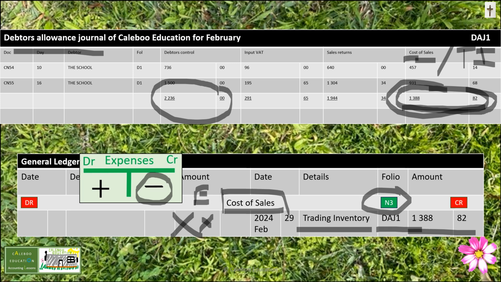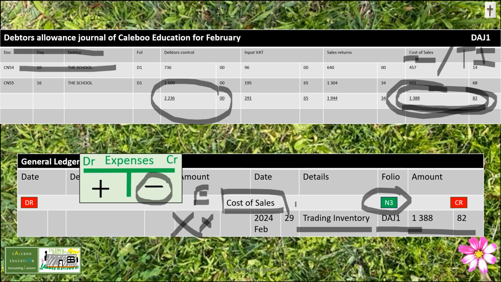It's a nominal account. N3, I checked on the trial balance, and the account cost of sales gets credited. So now we've taken all the information from the debtors allowance journal to the general ledger accounts, and that is the lesson. There's only one journal we still need to do, and that's the general journal.